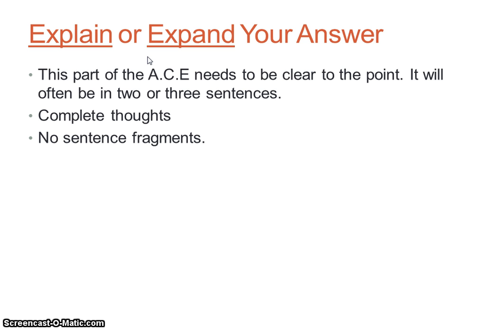It will often be two or three sentences or a small summary of what your answer is. In this part, you don't have to think about the answer because the answer was already done in the A part of the ACE strategy. But in this part, just make sure that you have clear, concise answers, they're in complete thoughts, and there should be no sentence fragments.